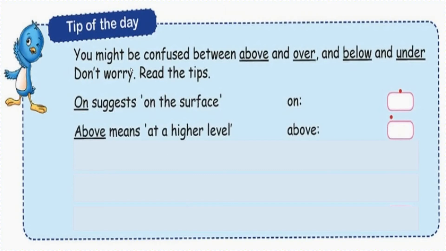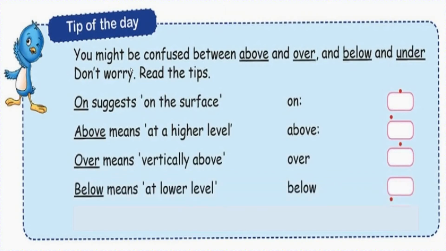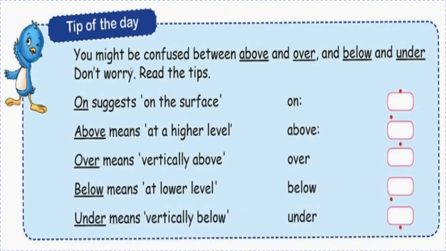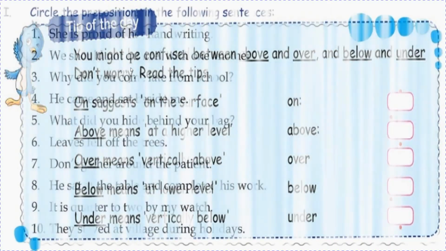Check the picture here. Over means vertically above, exactly above the surface. Below means at a lower level, anywhere. In the same way, under means vertically below. So, children, above is the opposite of below and over is the opposite of under. Please check the picture given on the right side so that you can understand.